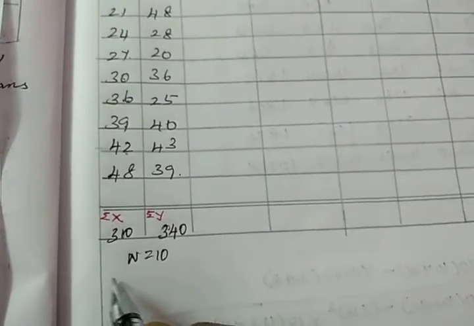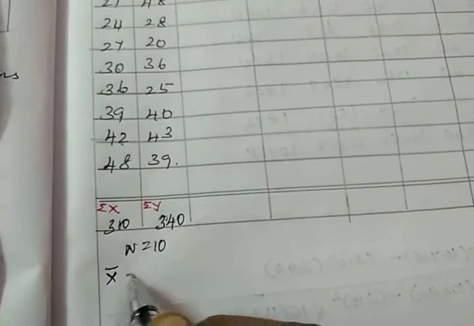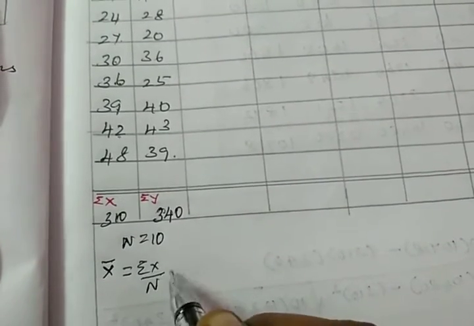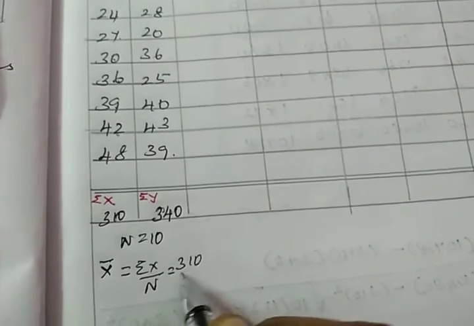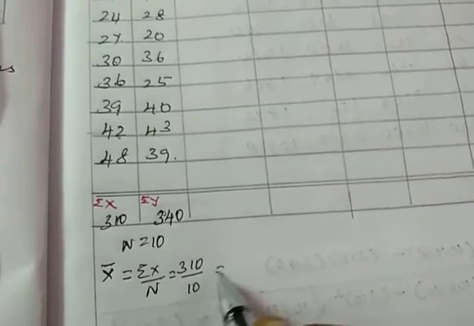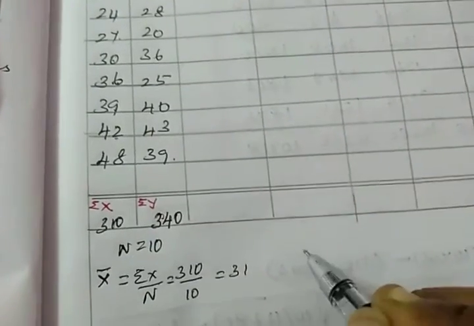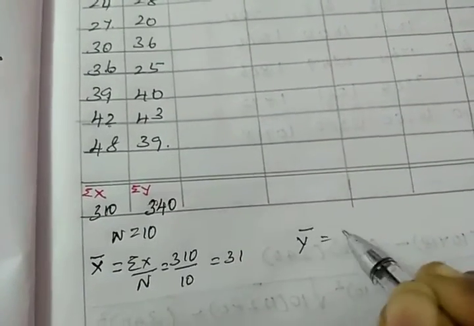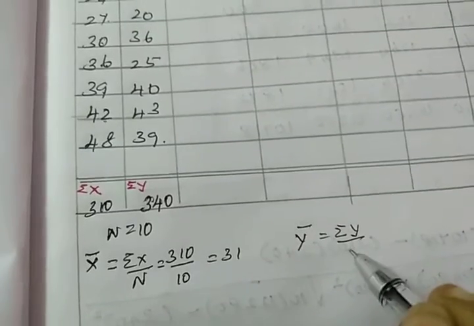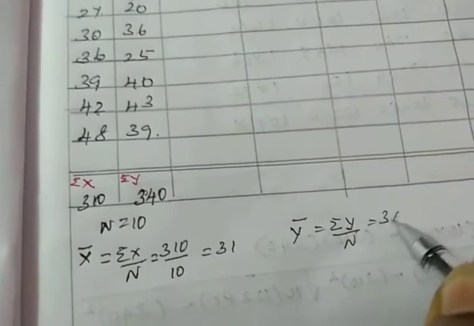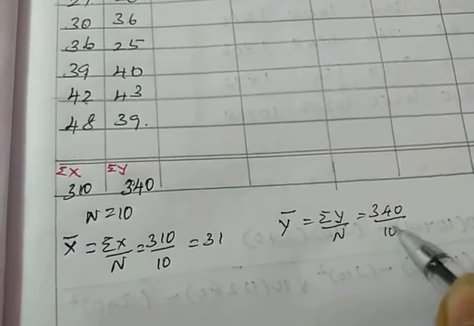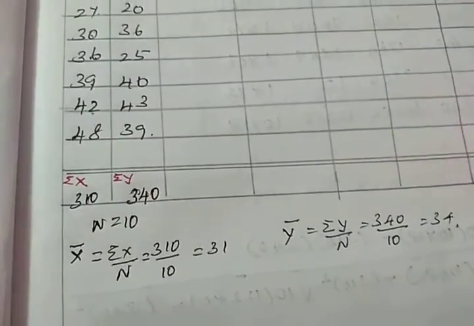I can find out the arithmetic mean of the given data. X bar is equal to summation x divided by n, which is 310 divided by 10, I'll get 31. Similarly, y bar is equal to summation y divided by n, which is 340 divided by 10. I'll get 34 as the answer.